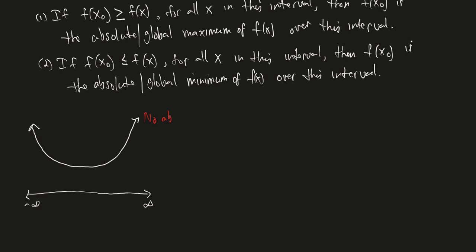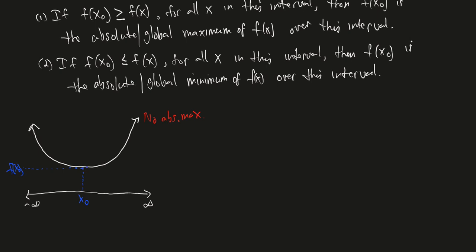So no absolute max. However, right here, this is the lowest point that the function attains. So this would be like my x0, and then let me go across here. Whatever that is on my y-axis, that would be f of x0.